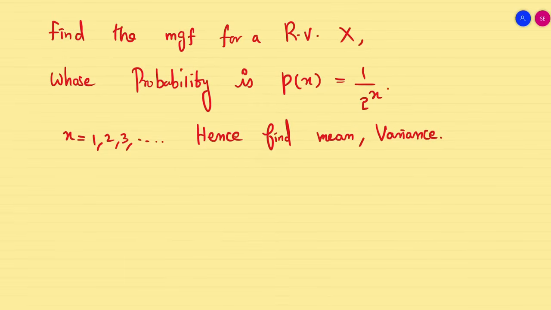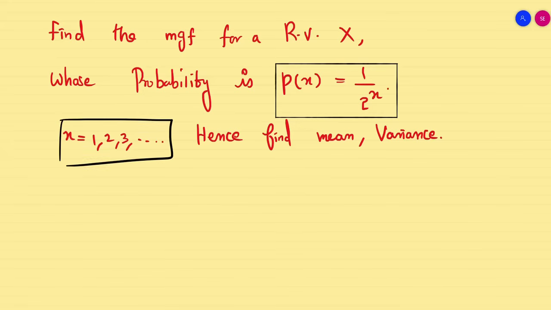So it is a discrete random variable. Why? Because the data given is x equal to 1, 2, 3. Now 3 is given, the successor of 3 is 4, and the predecessor of 3 is 2. So it is going to be a discrete random variable because it is infinite, but it is countably infinite.